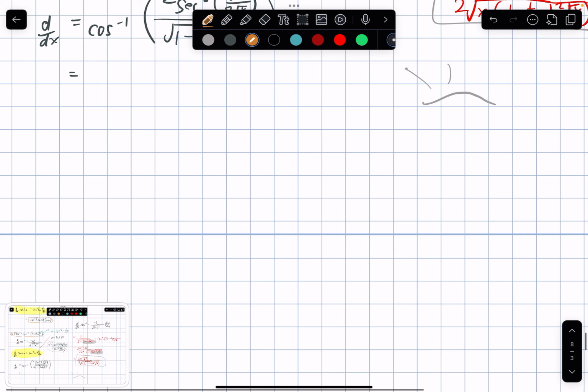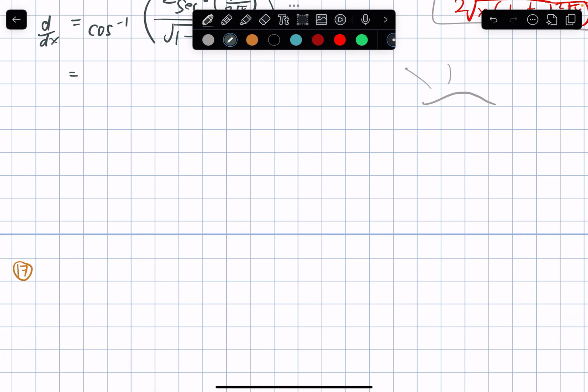Okay, number 17. f of x is equal to ln of (csch e raised to x plus 1) over (csch e raised to x minus 1).